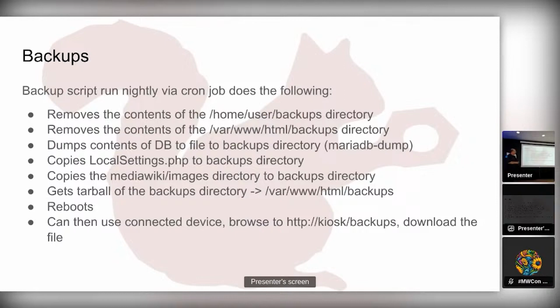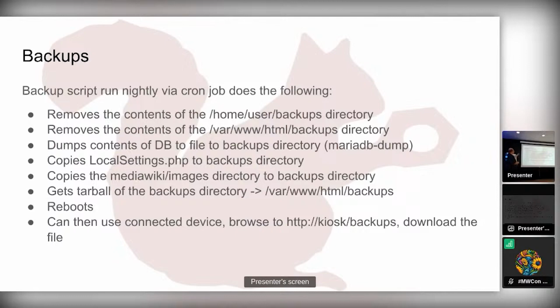We wanted to set it up so that if they sit down and spend an hour or an afternoon editing, they can come in the next day, browse to the kiosk itself, and download a file that is a backup. Because this machine is sitting by itself, there are no tapes, no network, nothing.